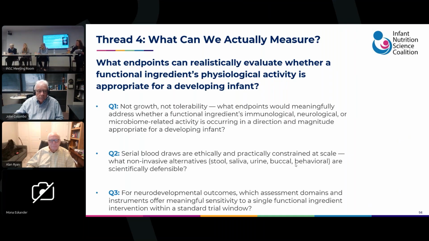Or put it another way, can we define what constitutes sufficient developmentally appropriate evidence across jurisdictions so we can reduce duplication without compromising scientific rigor? Sounds like standards development would be needed there, right? Reference ranges, et cetera.